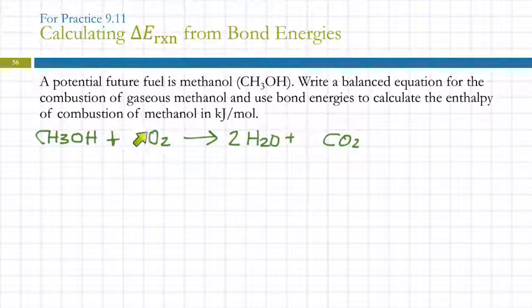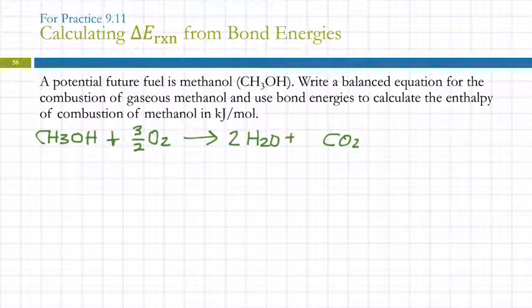So what I want from this is 3 oxygens, right? But they're coming in pairs. So I need 1.5 pairs of oxygen. 1.5 is 3 halves. Right? So this is balanced, but how can we have 1.5 oxygen molecules?